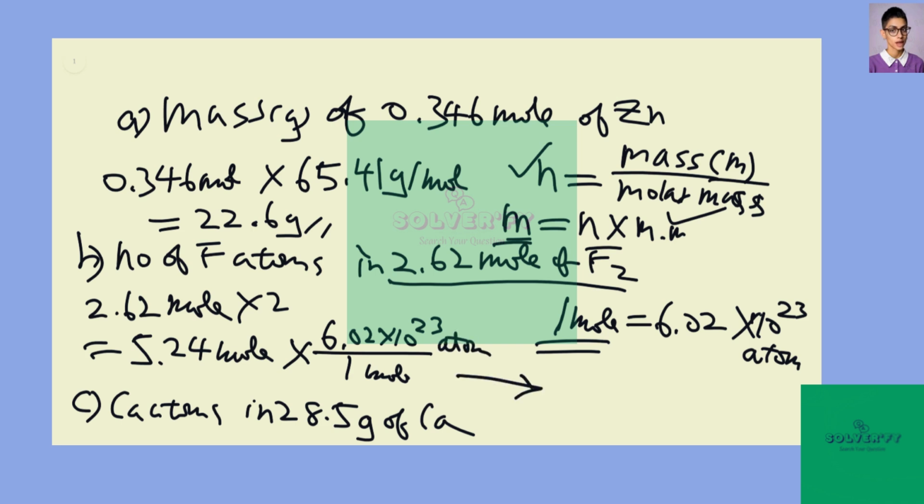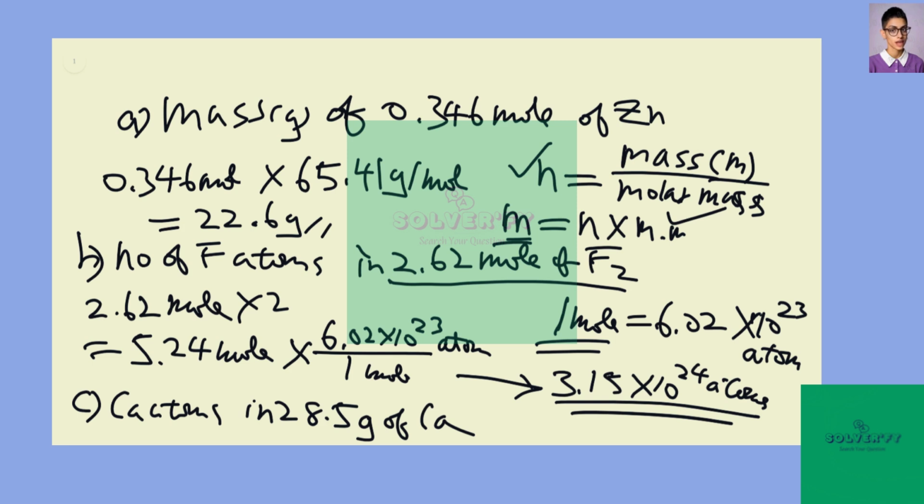We find that it is 3.15 times 10 to the power of 24 atoms. And this is the number of individual fluorine atoms in 2.62 mole of fluorine. That's a lot of atoms.